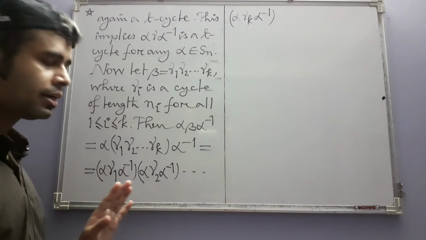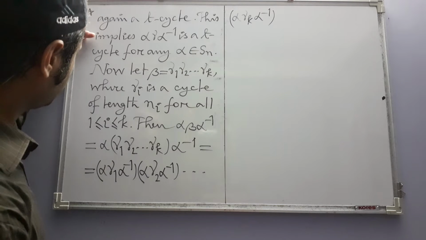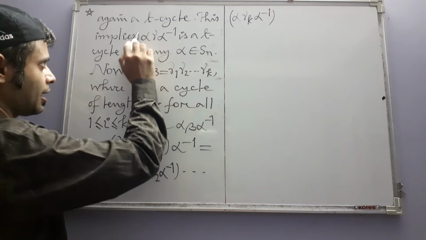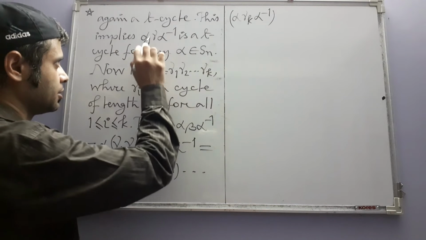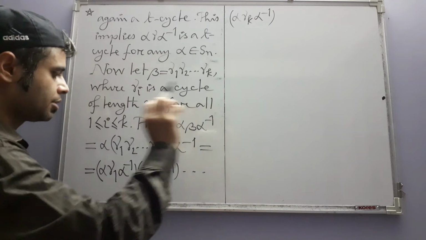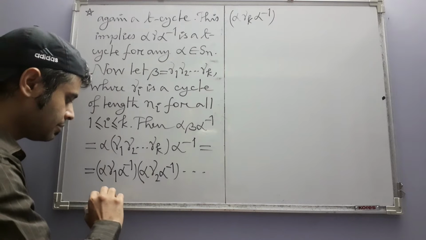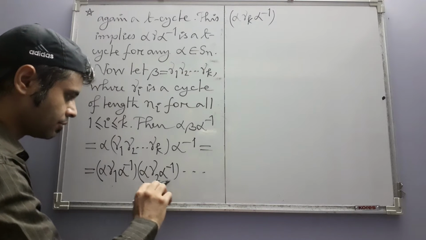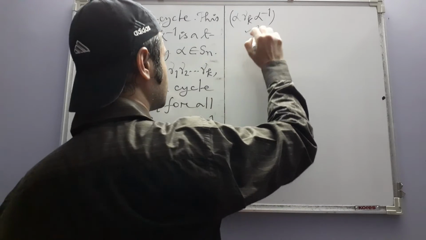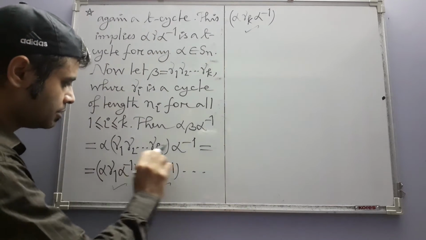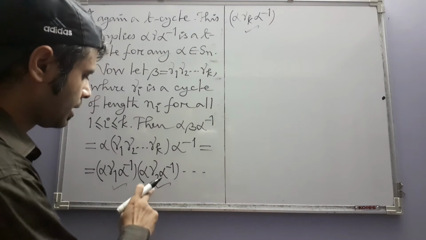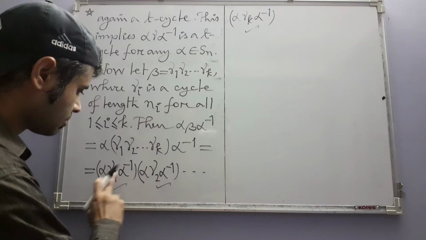Okay, so now we are ready to use the thing that we have written here. Here what we have seen is that no matter what alpha is, it may be any permutation. If gamma is a T cycle, then alpha, gamma, alpha inverse is also a T cycle. So these cycles that you see here, gamma 1, gamma 2, we are considering in place of these cycles things which look like this, which we will later see are conjugates of these gammas.